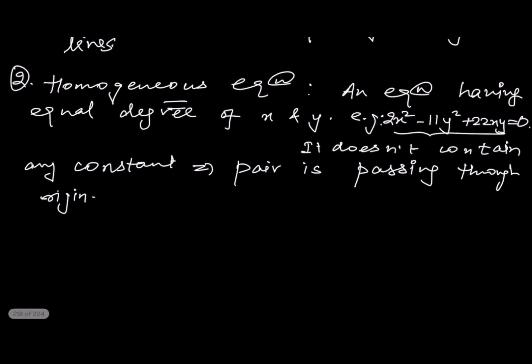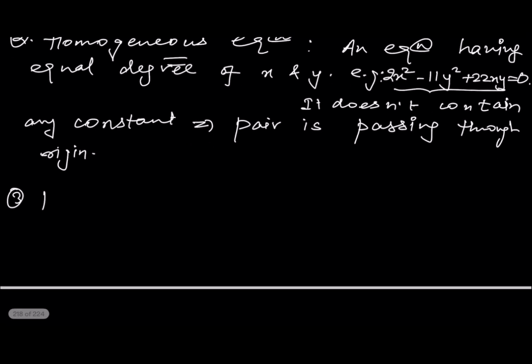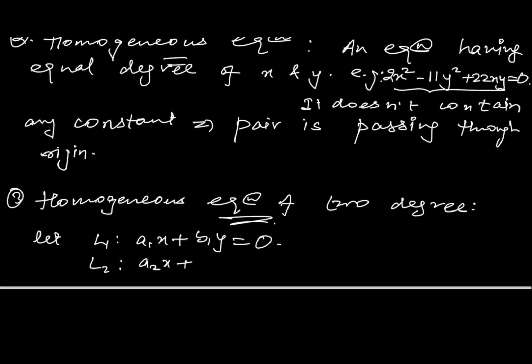Okay, now next point. Point 3 is homogeneous equation of 2 degree. Now let's say L1 is a1x plus b1y is equal to 0 and L2 is a2x plus b2y is equal to 0.